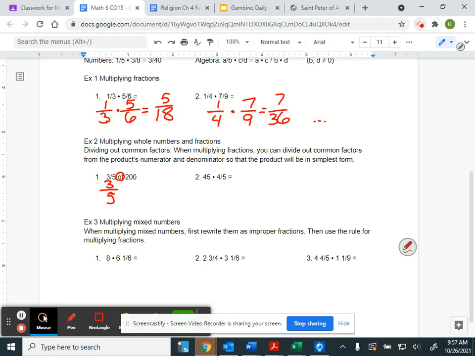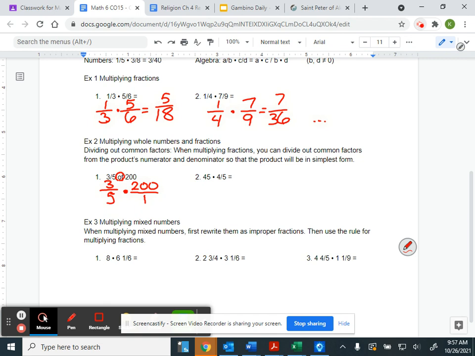That word of means multiply. So 3/5 of 200 means 3/5 times 200. What do I do with that whole number? If I'm working with a fraction, how do I multiply a whole number? Who remembers what to do? Aiden? Put a 1 under it.